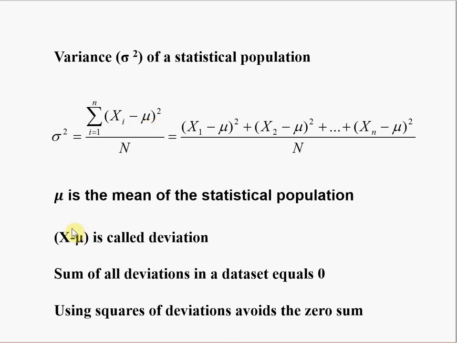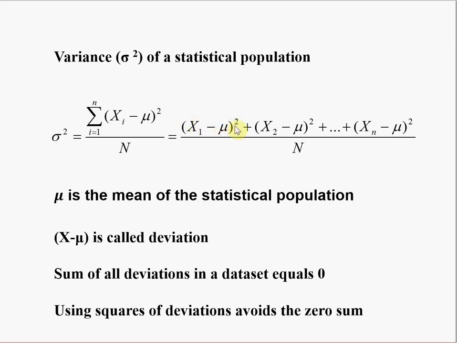Okay. Then the difference between x and the mean is called the deviation. Deviation is the difference between individual values and the mean. When you calculate the variance, you need to calculate the deviation first. Deviation is calculated by using the value for each case minus the mean.